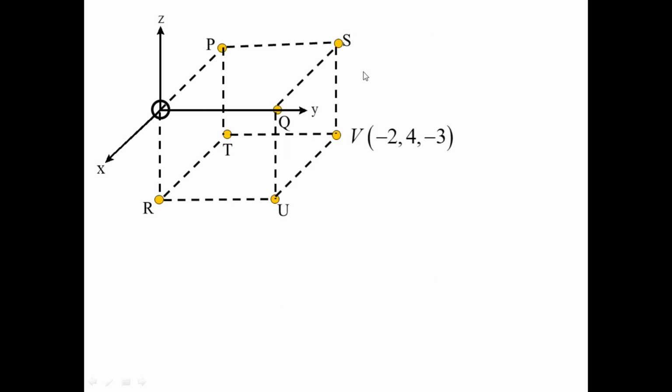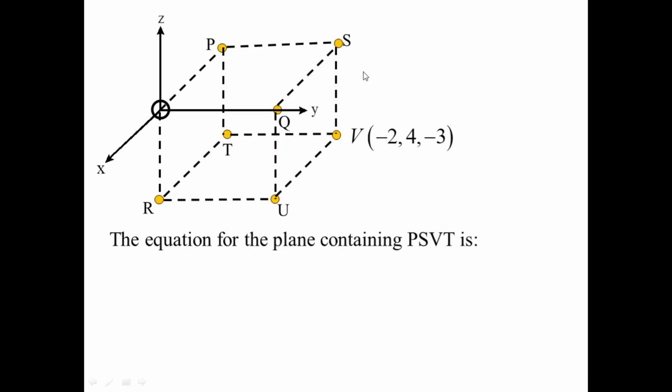Back to this diagram. The equation of the plane that contains PSVT. Well, here's PSVT. This plane here. Well, it looks like the front of the room just got pushed back. I mean, if you consider the front of the room as a plane that extends infinitely in all directions and pushed it back along this x-axis, -2 units, you'd find that it unites with that shaded plane.